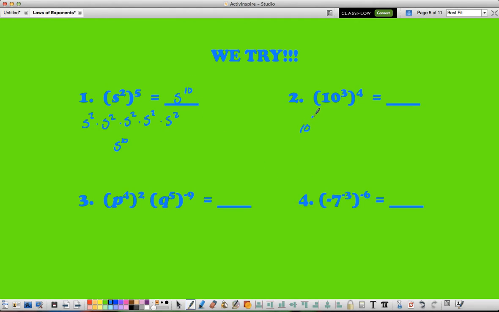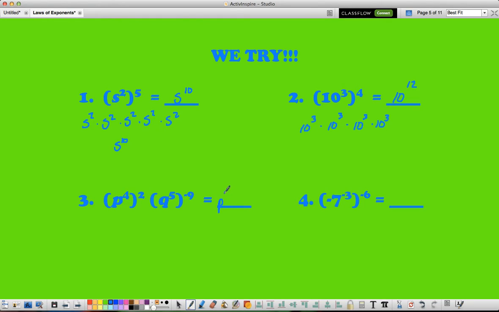Here I have 10 to the 3rd times 10 to the 3rd times 10 to the 3rd times 10 to the 3rd, which I know means I can just add all my exponents and get 10 to the 12th. So here, let's put it together and just look at the different pieces. So here I have p to the 4th to the 2nd.